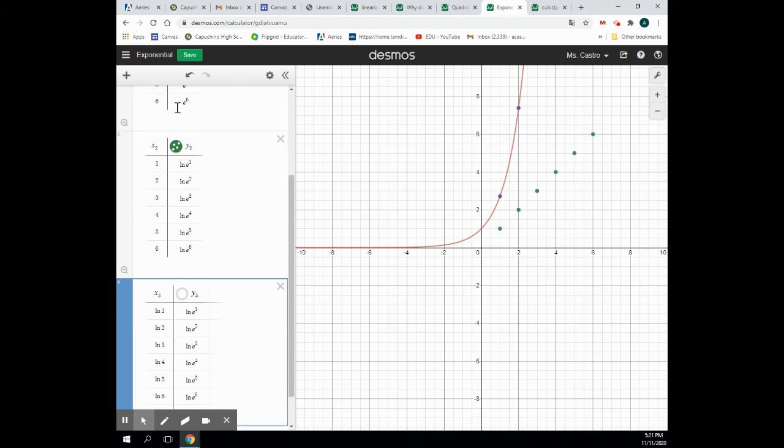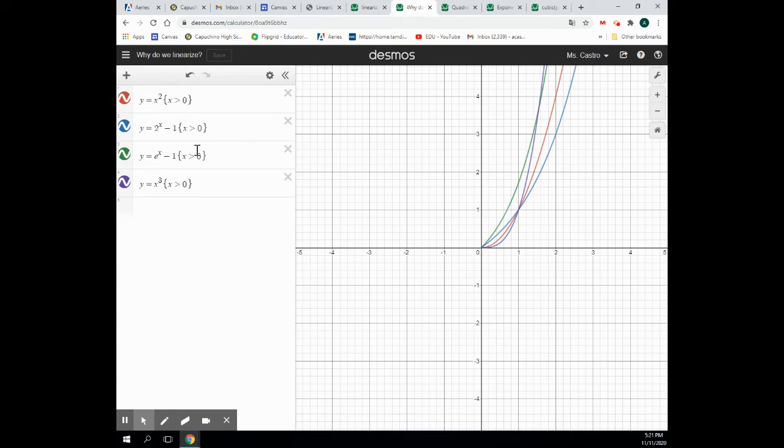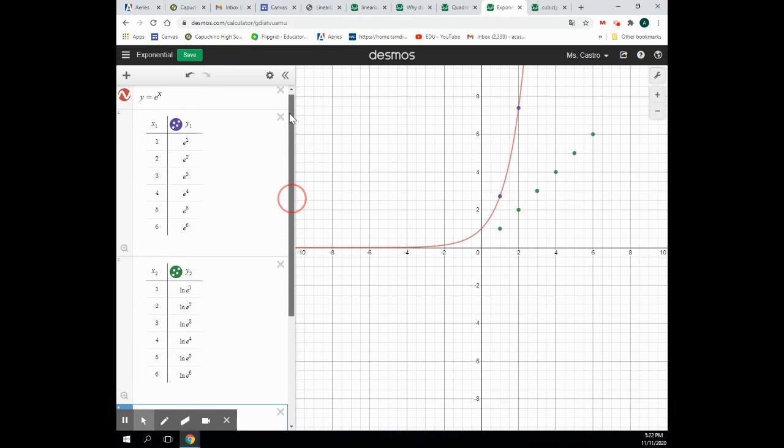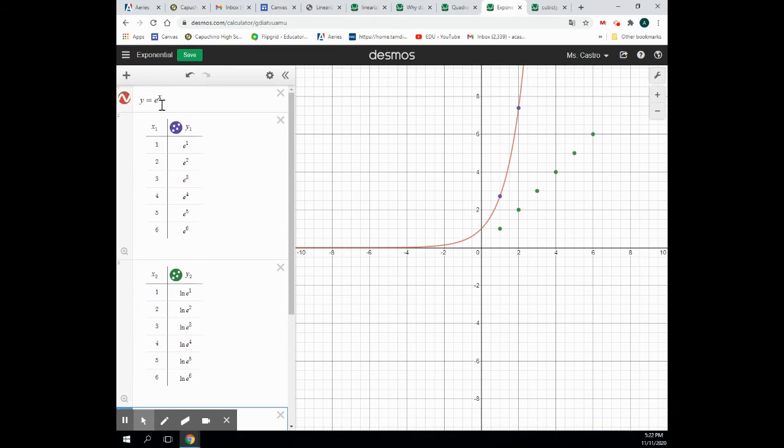So if we go back to why we linearize: if you have data and you don't know what type of function you should be modeling it with, you can do a semi-log graph and see if it makes a straight line. If the semi-log graph makes it a straight line, then you know it's an exponential function like e to the x.